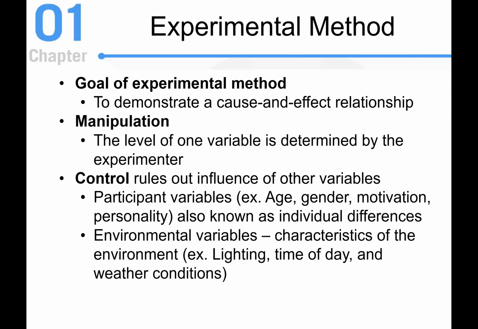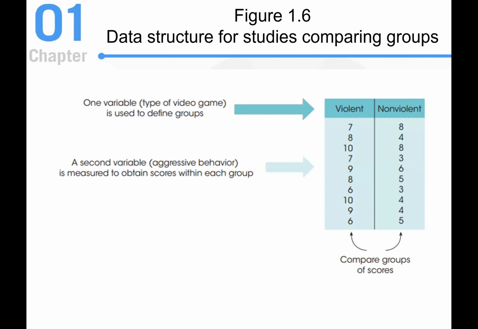In the previous example, we manipulated what group the children were placed in. Either we expose them to violent video games, or we expose the children to non-violent video games. We, as the researchers, did that manipulation.